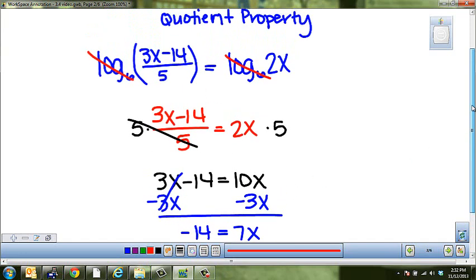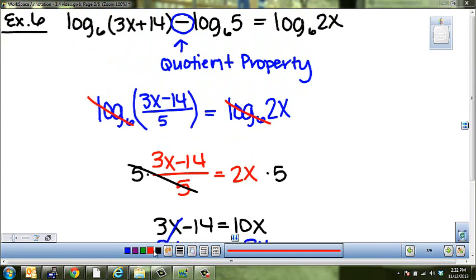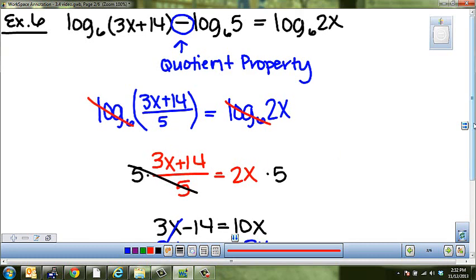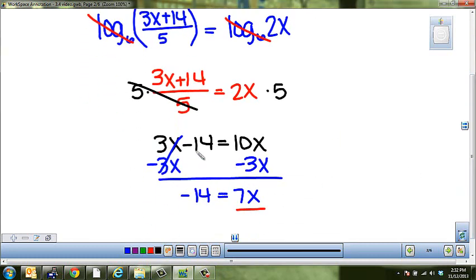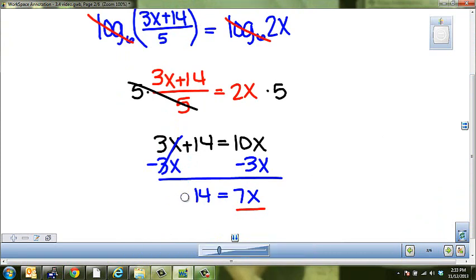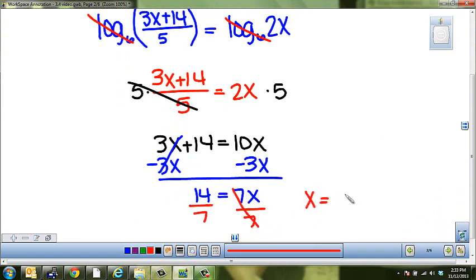Was it negative? I take that back. It was a plus. That should be a positive. I knew that didn't sound right. Okay, make sure you got the question copied correctly. That's an easy mistake to make. So again, you end up with x equals 2.